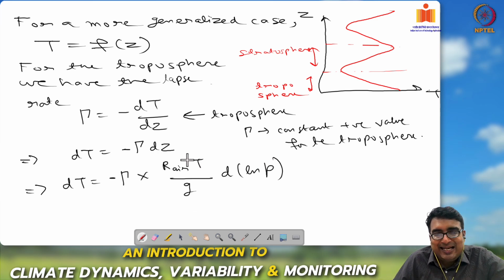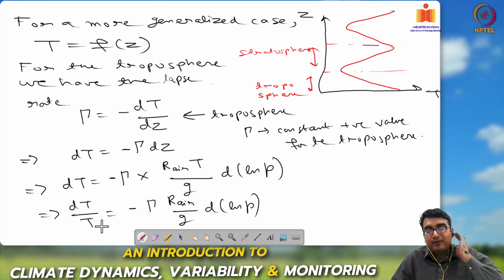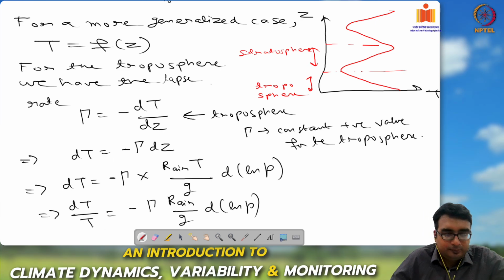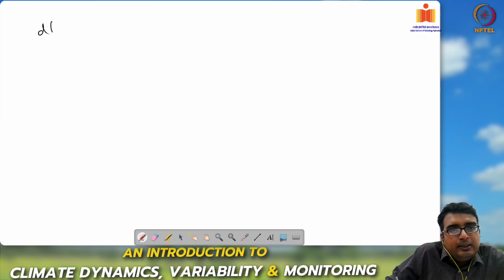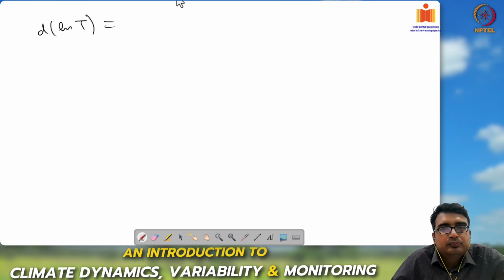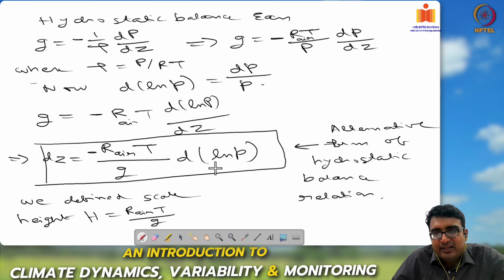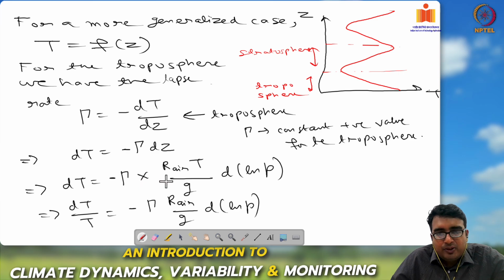Now we can take the temperature to the left side, so we get dT by T equals minus gamma R air by g into d log P. But dT by T itself is d log T. Just one correction: dz has a minus here, so minus minus will cancel, and you won't have this minus sign.